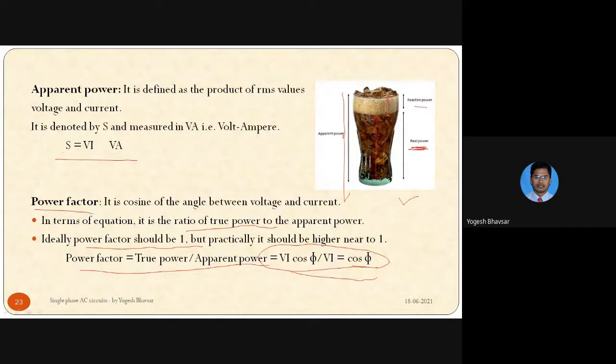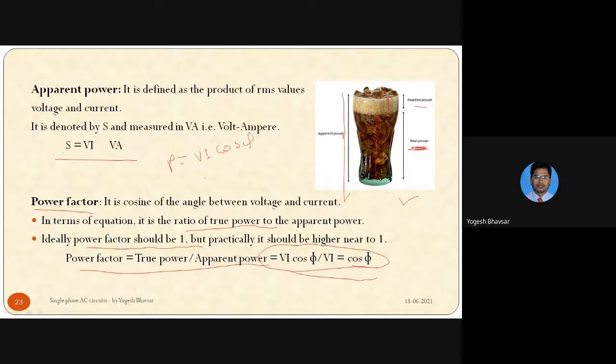Why? Because when we calculate the power factor, the basic equation of active power is P equal to VI cos phi, right? This is our basic equation.